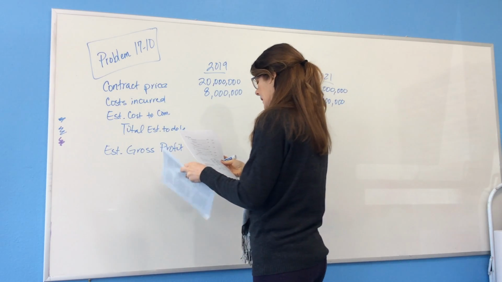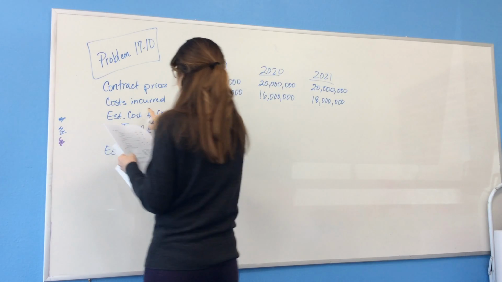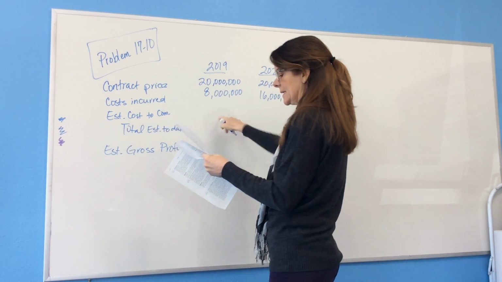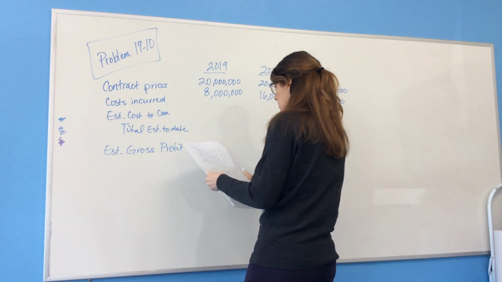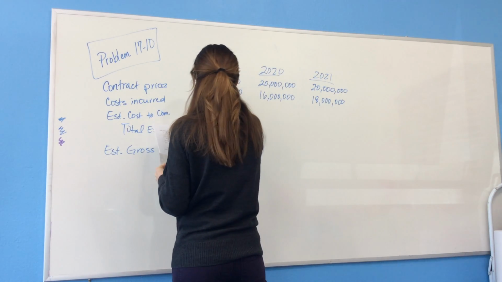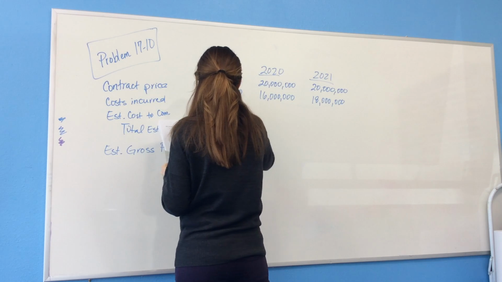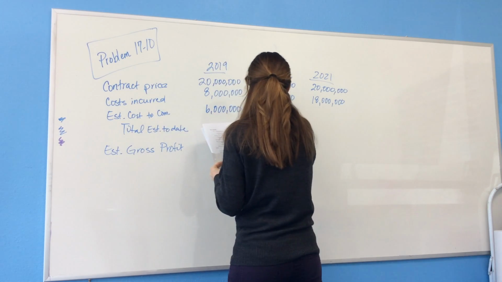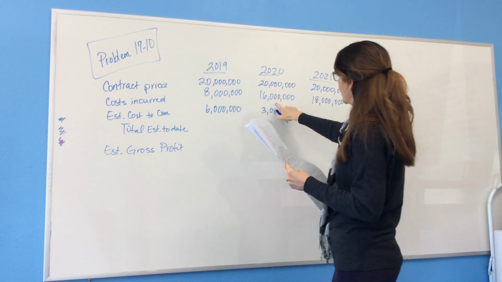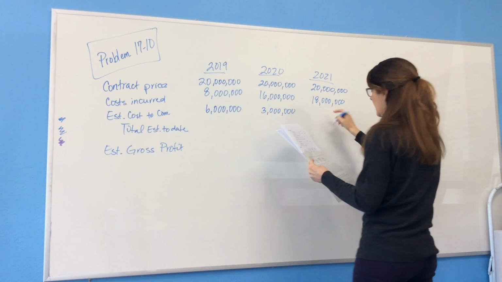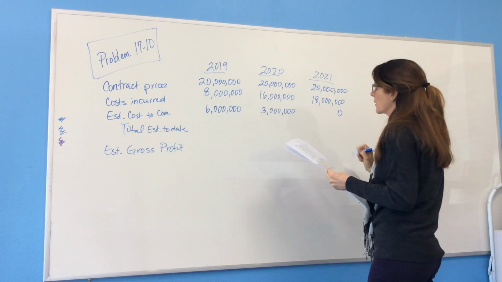So we're going to take those costs, and then the estimated cost to complete, it tells us there, that's that second line. So the second line is going to be $6 million here for 2019, cost to complete $3 million here. So they're really cutting it close in 2019 when they're only charging $20 million. And then here, no, they're pretty much done.